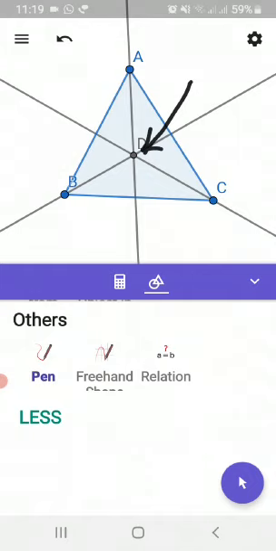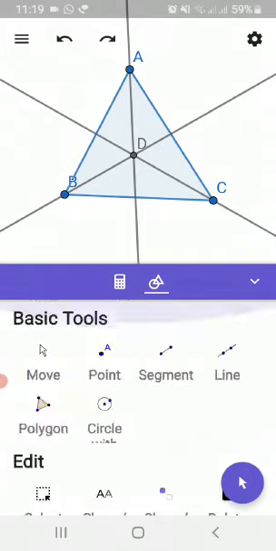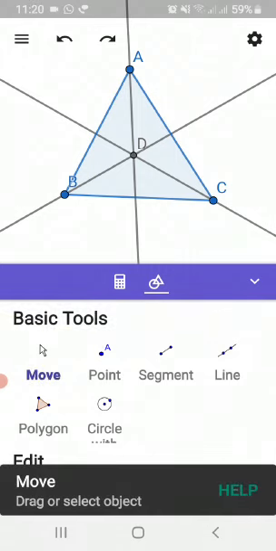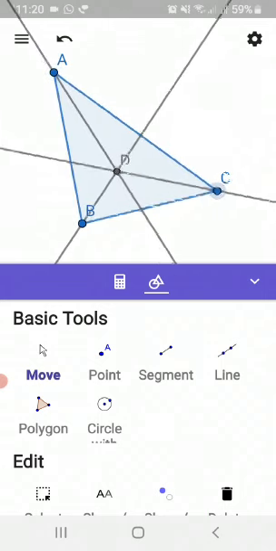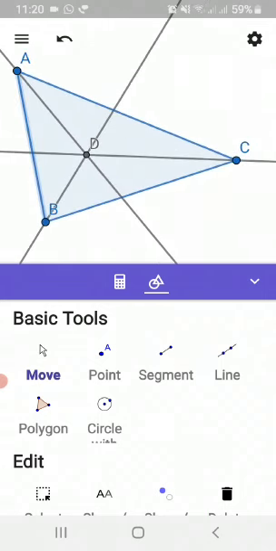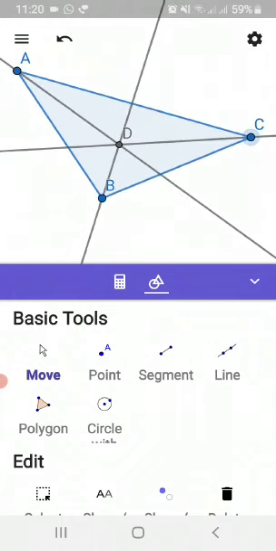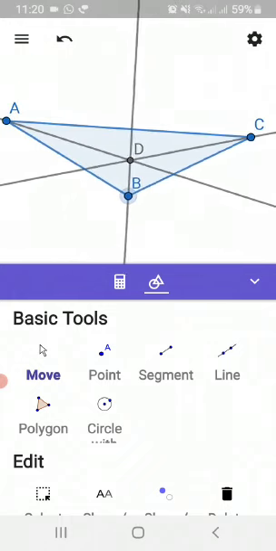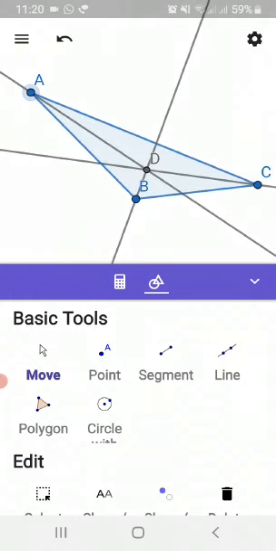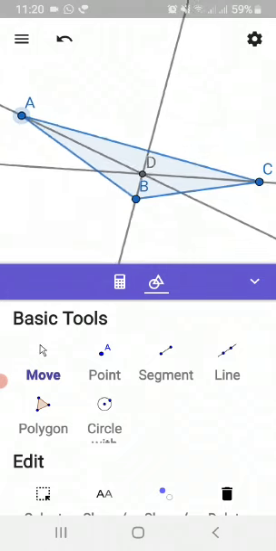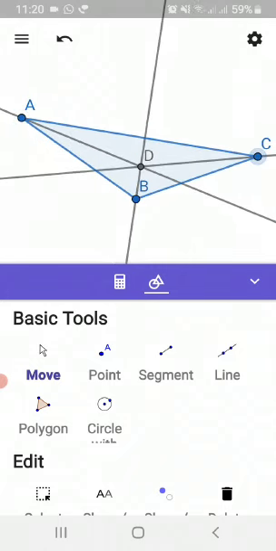So we will see that if we move the points A, B or C, let us move the point B. You can very well imagine, just by visualizing, that here angle B is more than 90 degrees, right? So it's an obtuse triangle. So here we see that in the obtuse triangle, this point D is in the interior of the triangle.